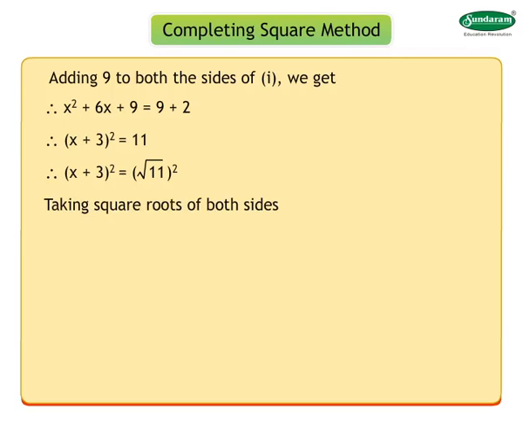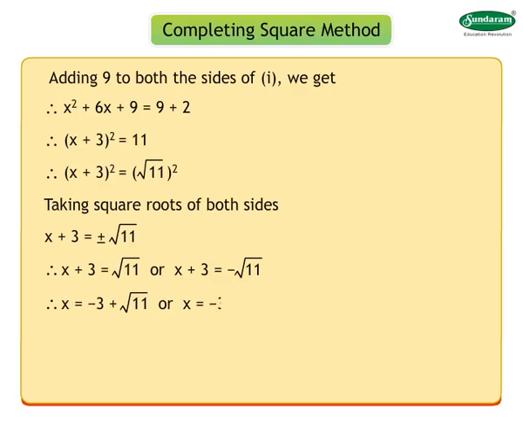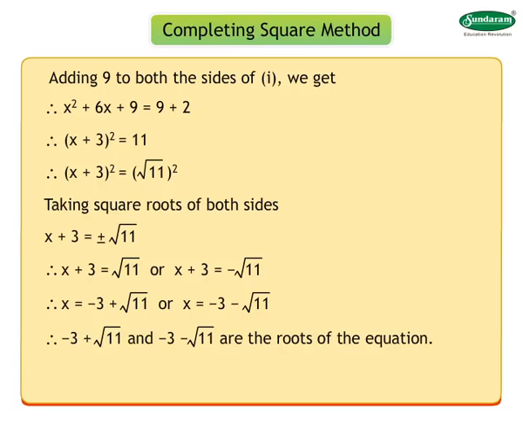Taking square roots of both sides, x plus 3 is equal to plus or minus root 11. Therefore, x is equal to minus 3 plus root 11 or x is equal to minus 3 minus root 11. Therefore, minus 3 plus root 11 and minus 3 minus root 11 are the roots of the equation.